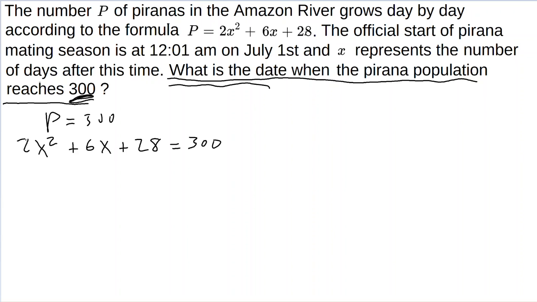That's what that statement says. After all, P is equal to 2x squared plus 6x plus 28, so if P equals 300, then I can certainly write 2x squared plus 6x plus 28 equals 300, right?